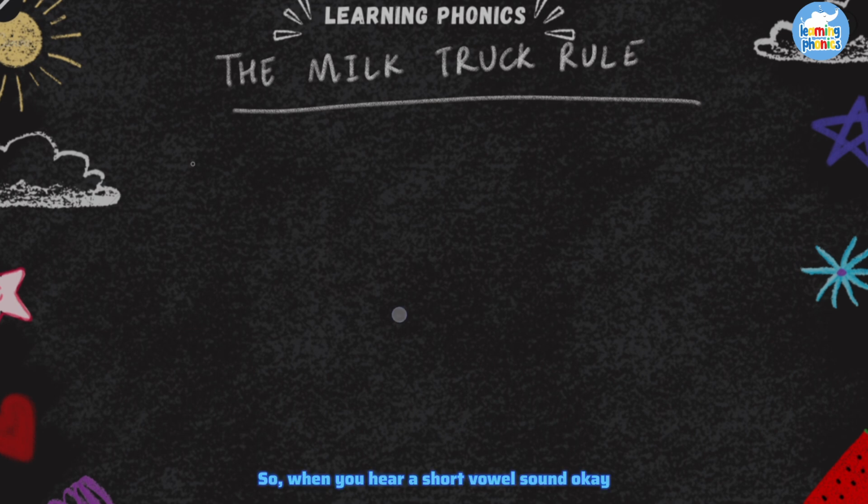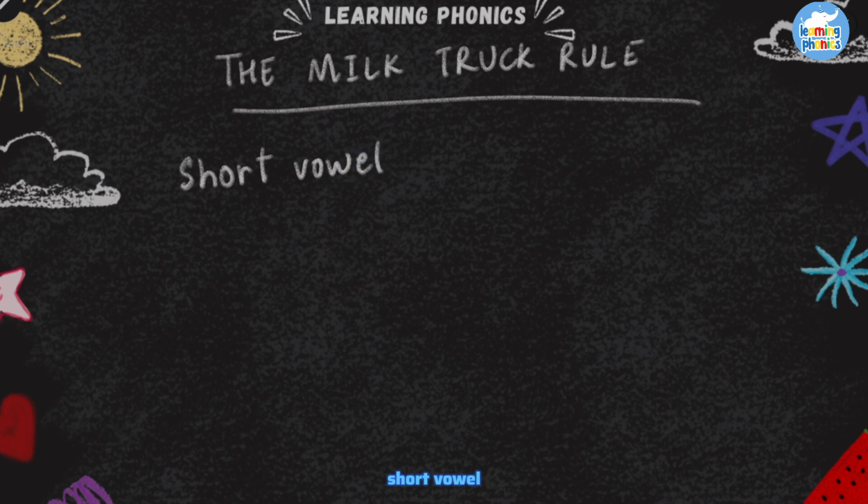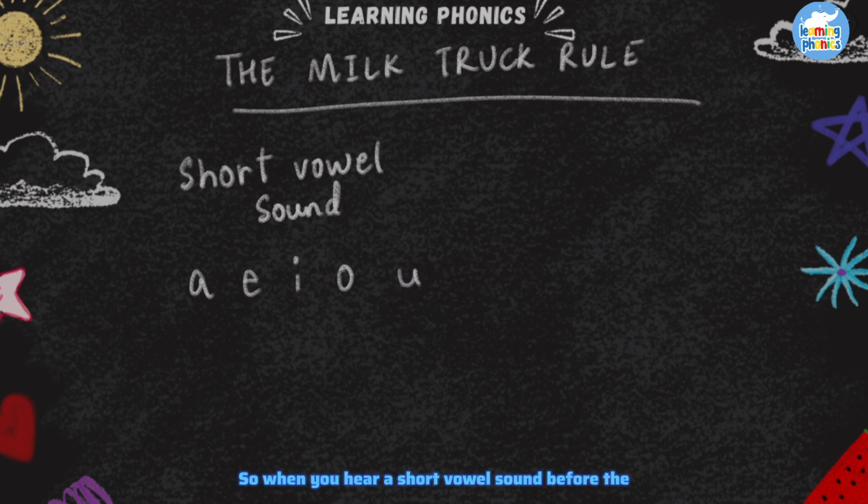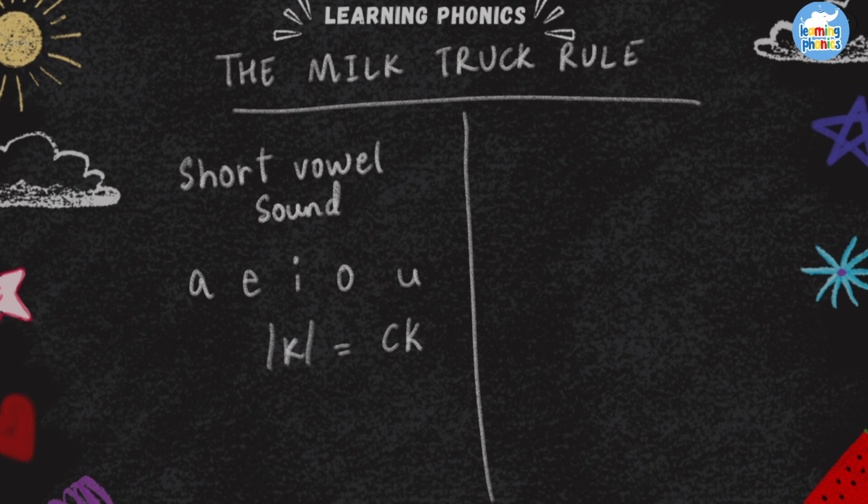So when you hear a short vowel sound, that is a, e, i, o and u, before the k sound, it is going to be spelled with CK, as in duck.